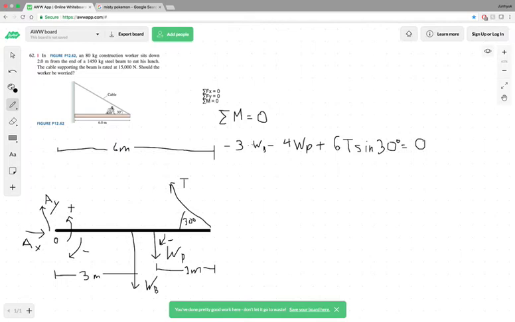Now, we know W sub B, which is the mass of the beam times the gravitational acceleration constant, which is 9.8. And we also know the weight of the person, which is 80 kilograms times g.